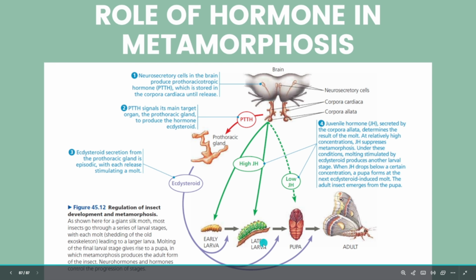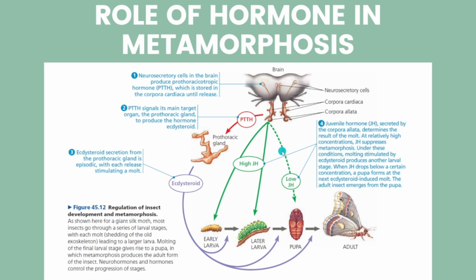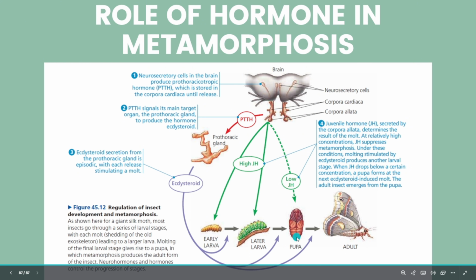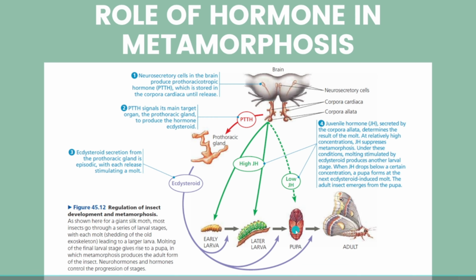But when the insect is going to change to the pupa stage, the juvenile hormone starts to decrease. When juvenile hormone is at a low amount and ecdysone is still present, it will induce both ecdysis and metamorphosis. So it is very easy: ecdysone induces metamorphosis and ecdysis, and when you want to inhibit metamorphosis, only juvenile hormone can inhibit it.